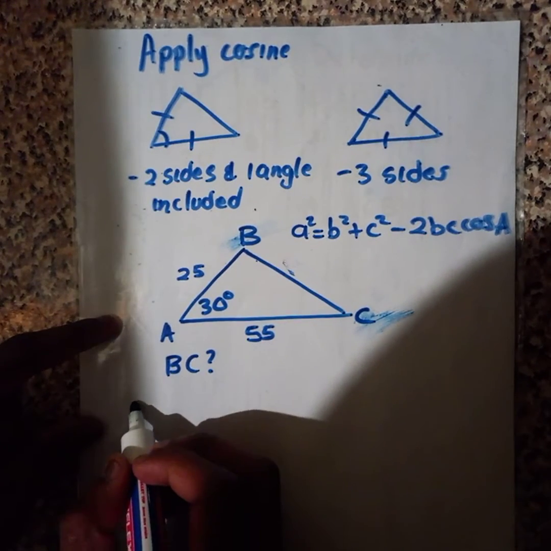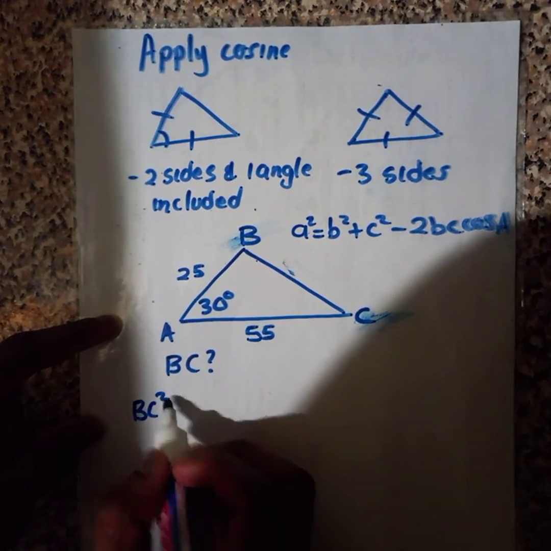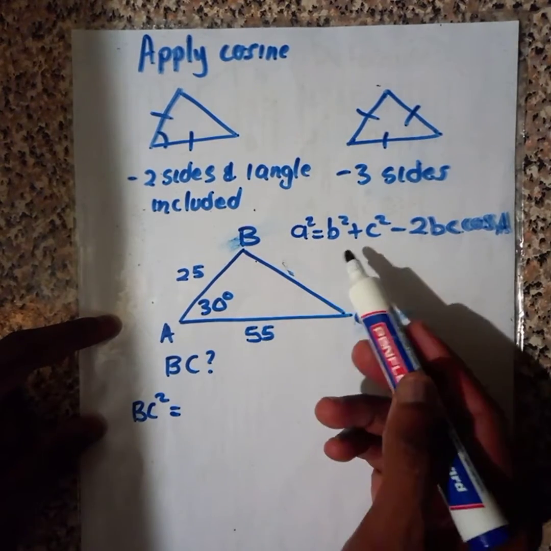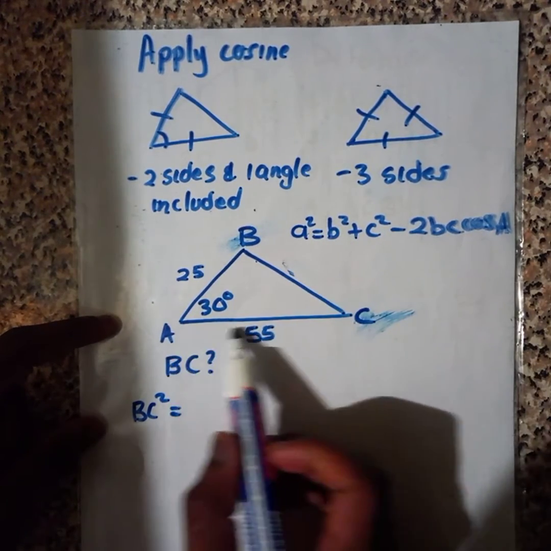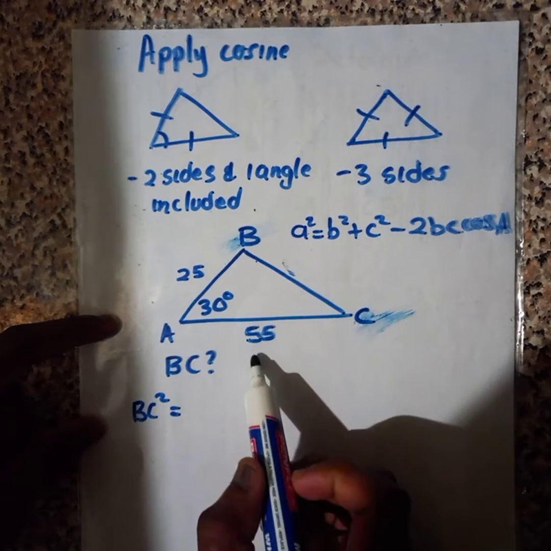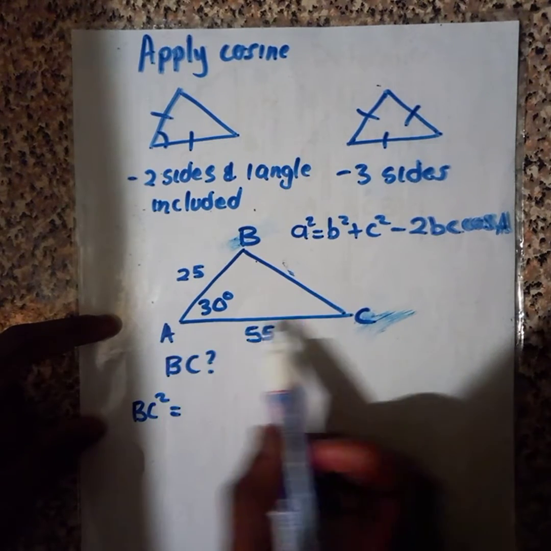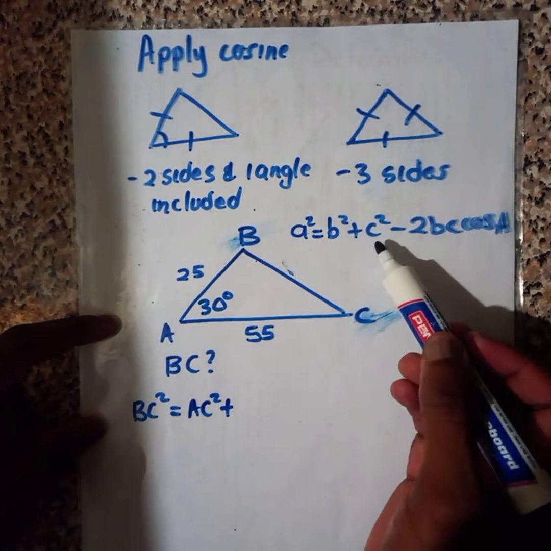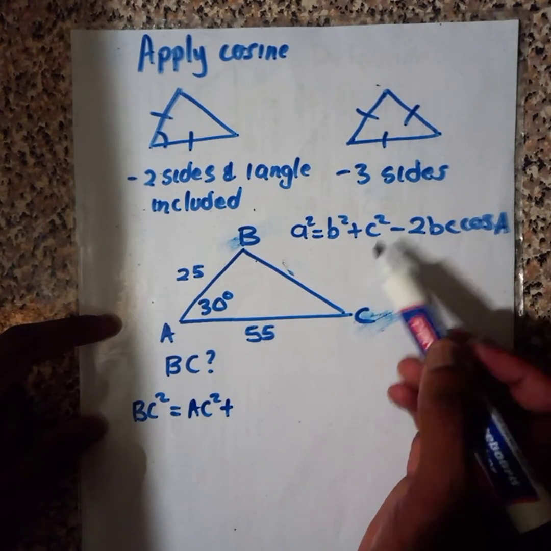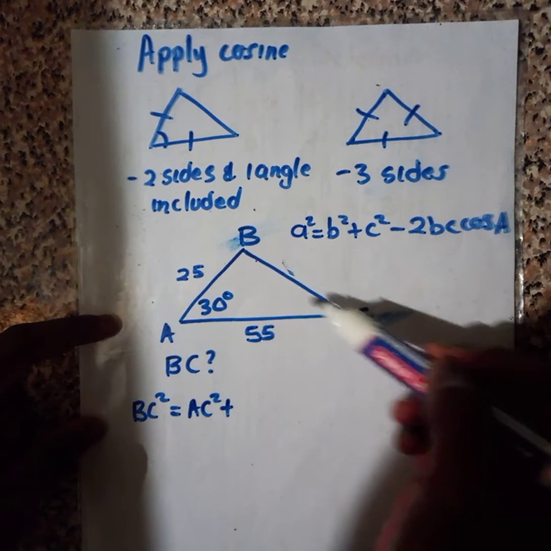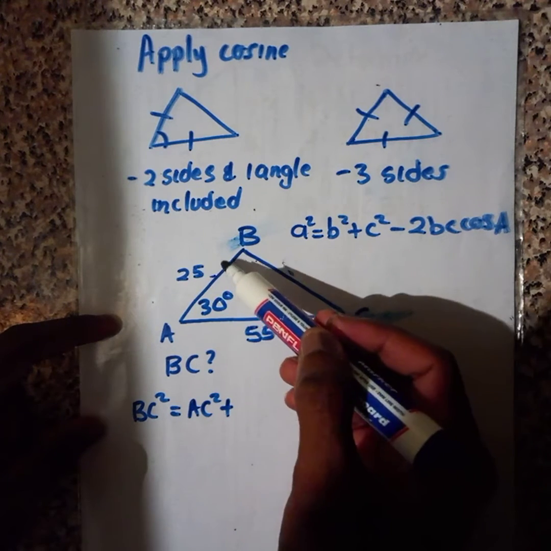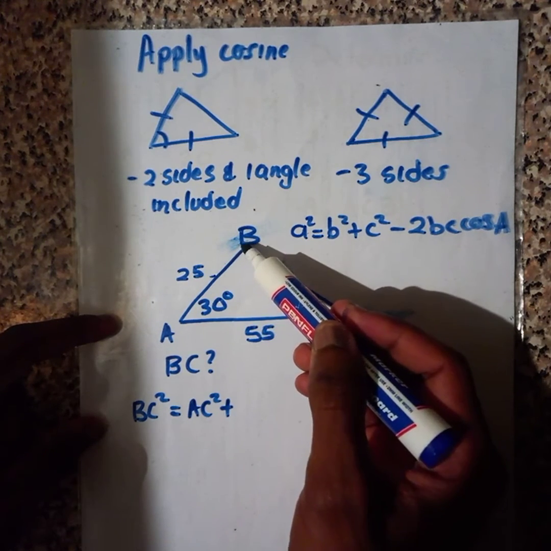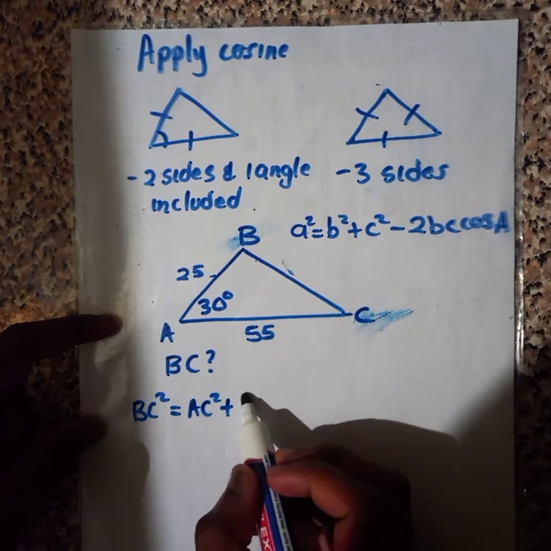Then we are going to say BC squared equals, where you see b, this side, normally we write small b, but now we have AC squared, plus, where you see your letter c, lowercase c, we have AB squared.